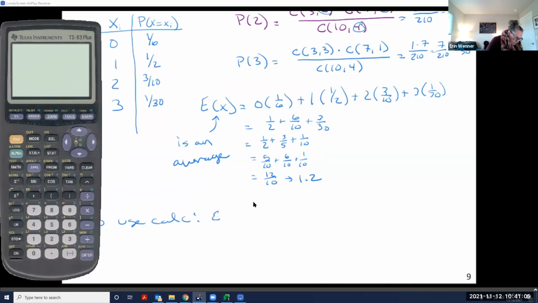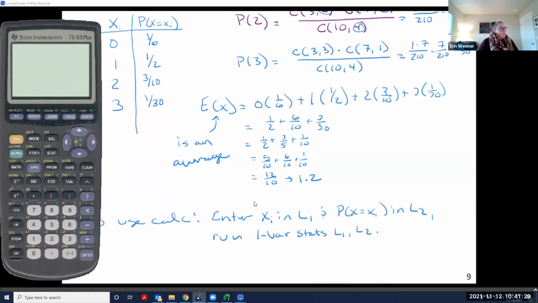So enter X in L1 and P of X equaling, so Xi, in L2. Then we want to run one var stats. And then we do L1 comma L2. So what does that look like in our calculator?